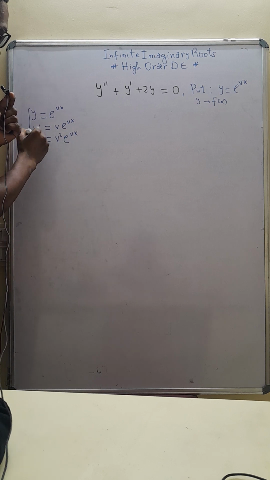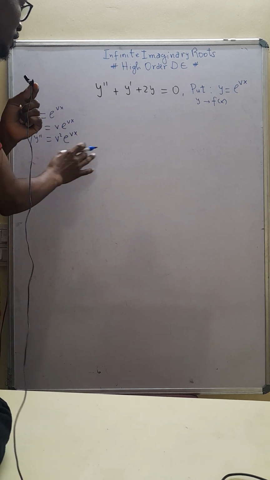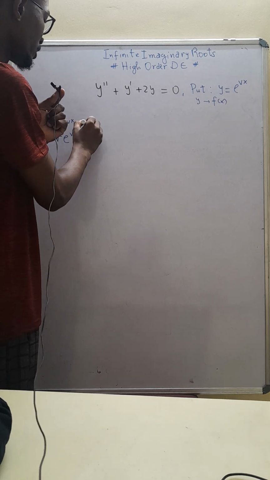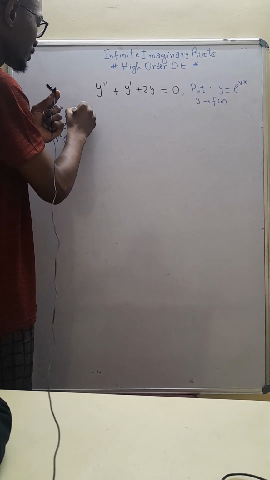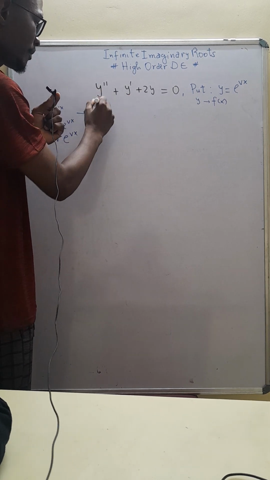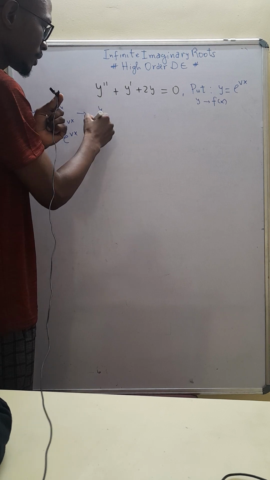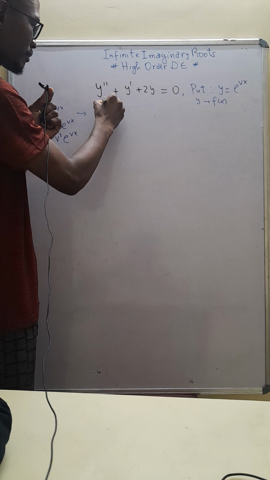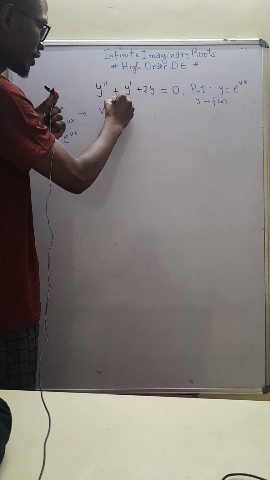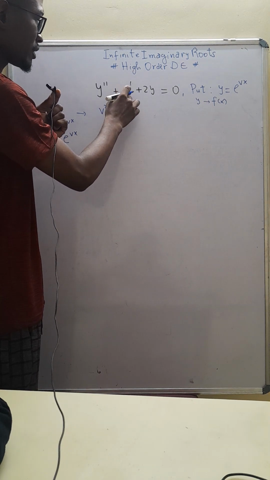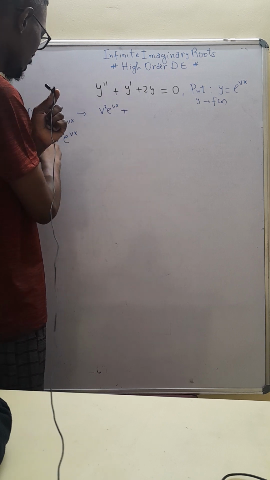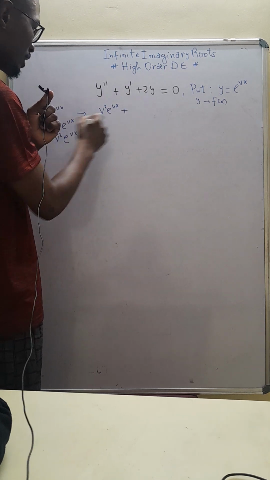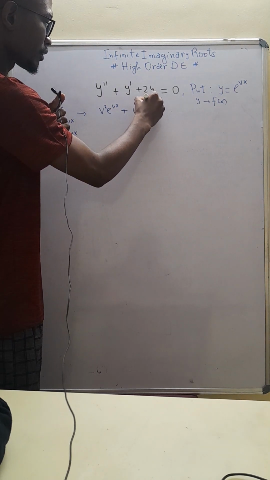So I will substitute these expressions in the main equation. Instead of y double dash, I will write v squared Euler v x. In place of y dash, v Euler v x.